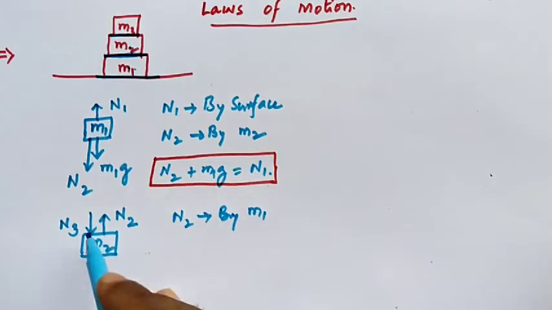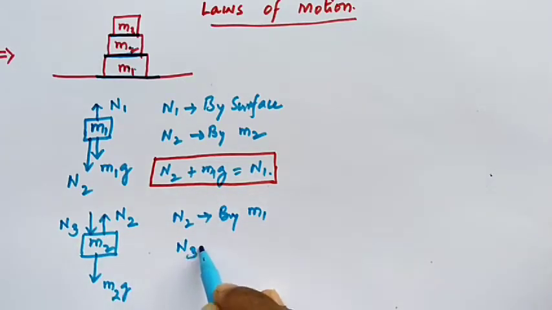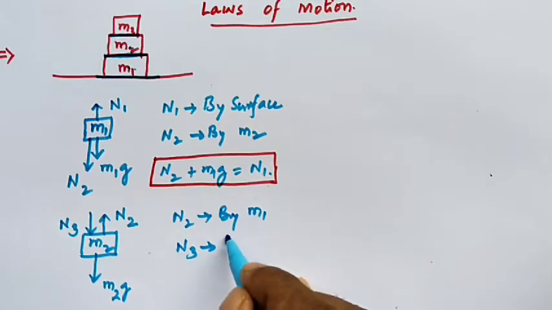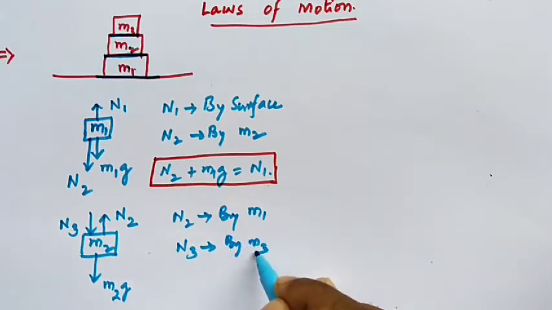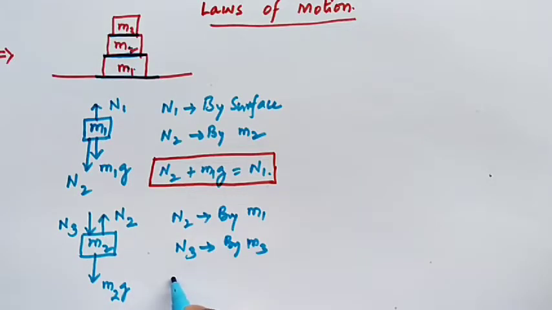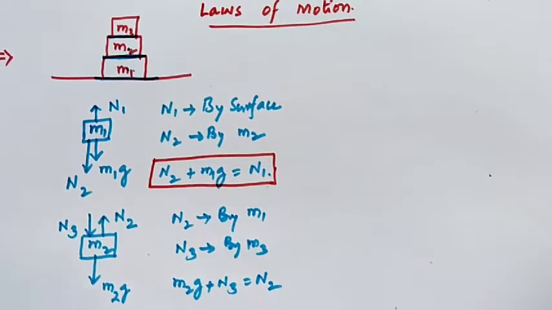Next, what is N3? N3 is the force applied by m3. So if you want to write the equation, what could be the equation? m2g plus N3 is equal to N2. Yes or no? These two are acting in the same direction, so we are adding, right.